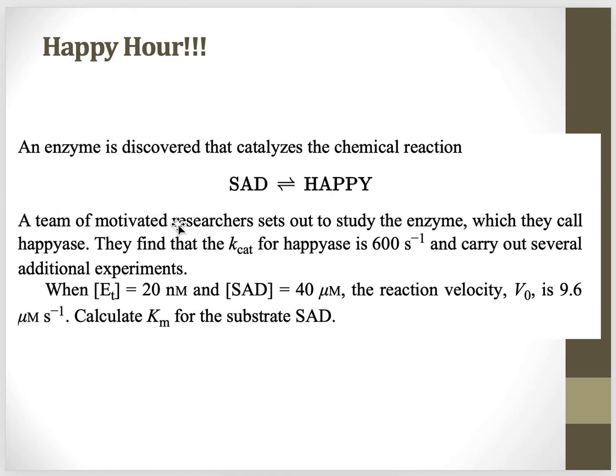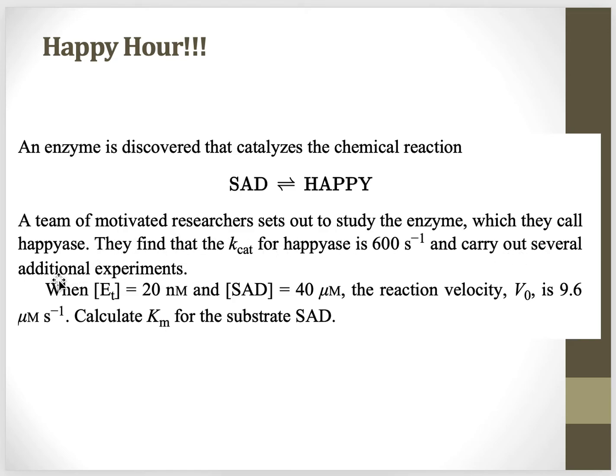A team of motivated researchers set out to study an enzyme they call happiest. The function of this enzyme is to transform sad into happy. These researchers find that the kcat for the happiest enzyme is 600 per second, and they carry out several additional experiments.